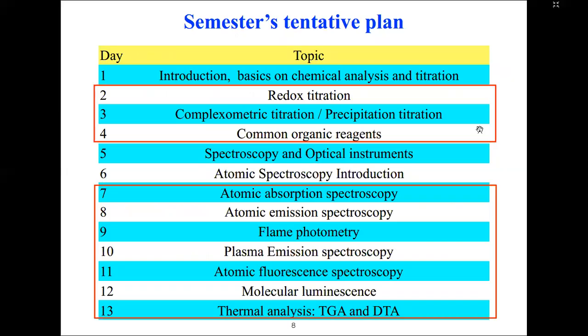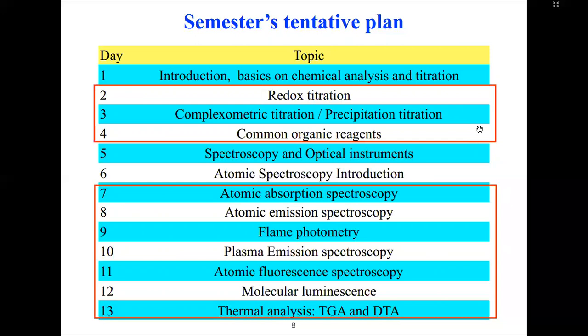This is the tentative plan of the semester. This is the first semester of MSc Chemistry. I have separated the days into 13 different days for group D. Today is the first day and we'll be discussing just the introduction of titration and some of the terminologies. That introduction will guide us for 3 other lectures, lectures 2, 3, and 4.